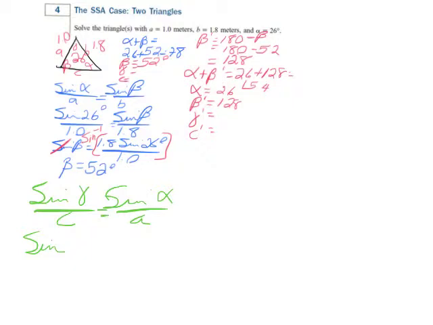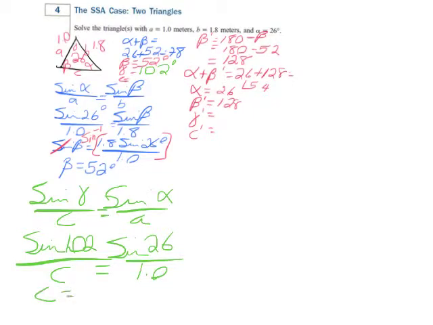Subtract that from 180 and we get 102. There's our gamma, 102. All over C, and then the sine of 26 over 1.0. So C is going to be equal to 1.0 sine of 102, all over the sine of 26. Okay, so we end up with C equaling 2.2 meters.